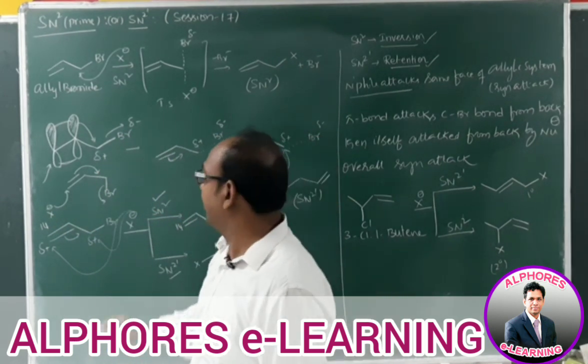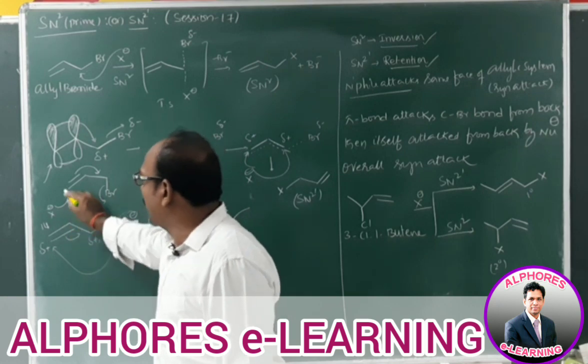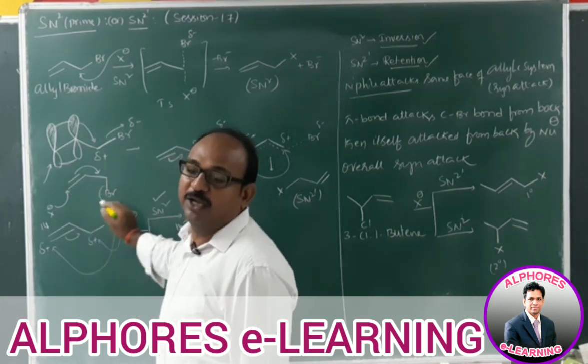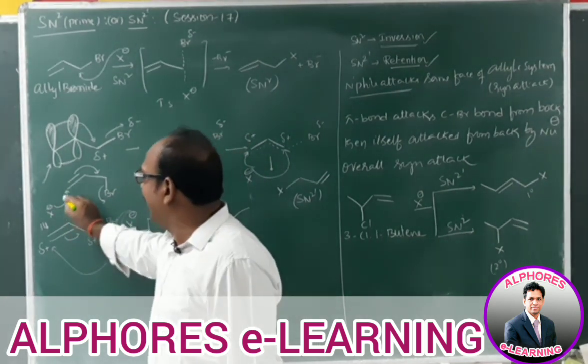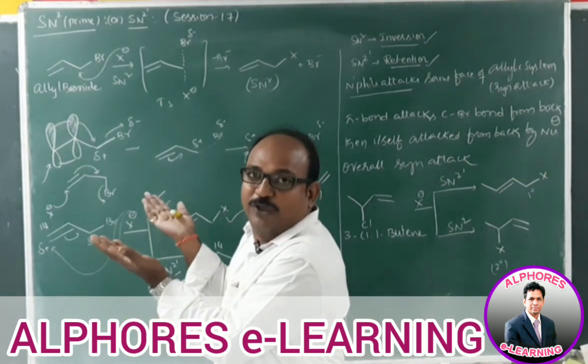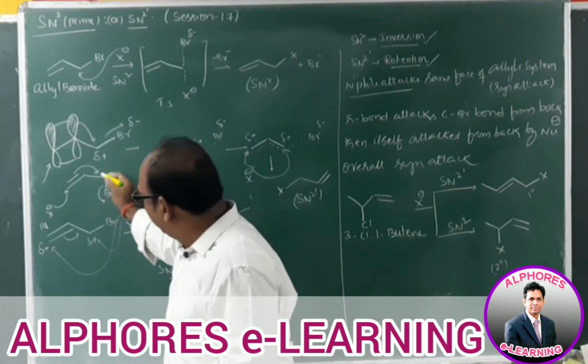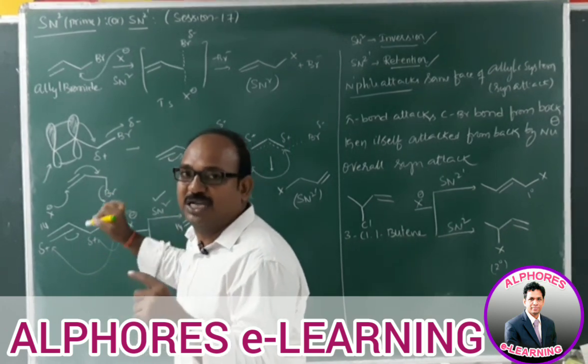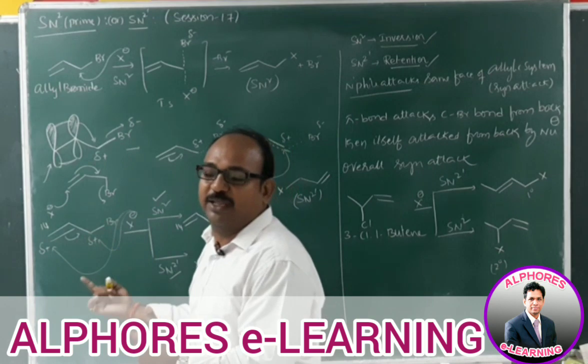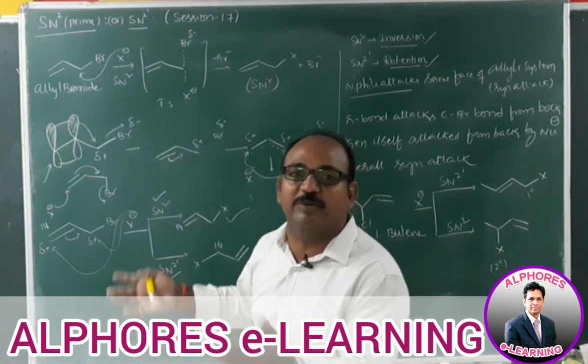Hope you got the point here. Now the departing group and the attacking nucleophile are both on the same face, overall. Whereas here it happens in 2 steps. As I mentioned, 2 times anti, meaning 2 times inversion, is nothing but retention.